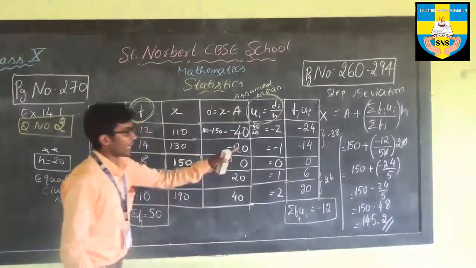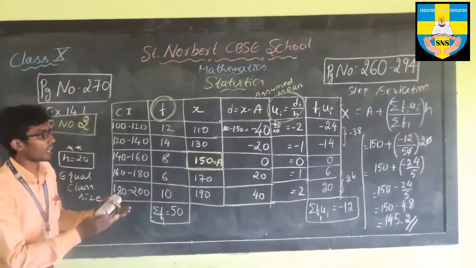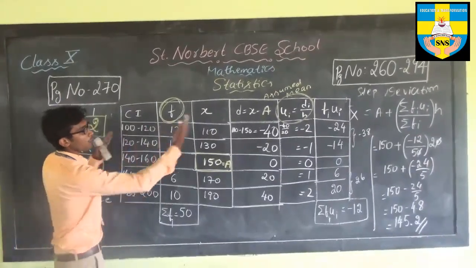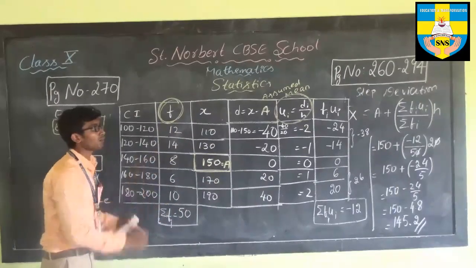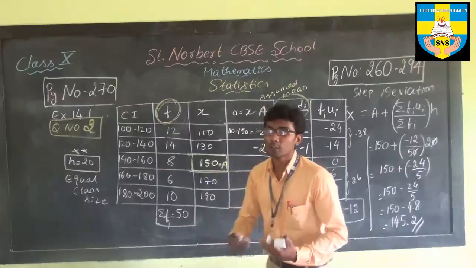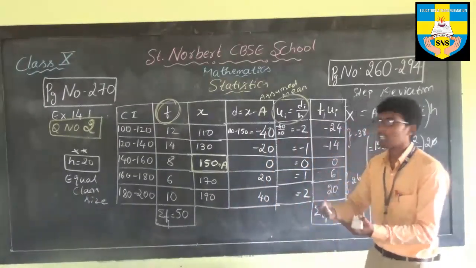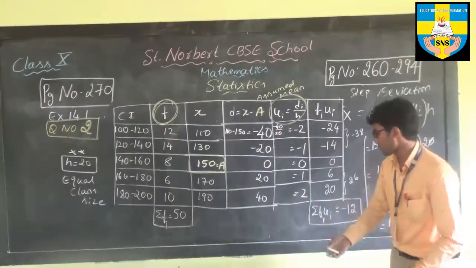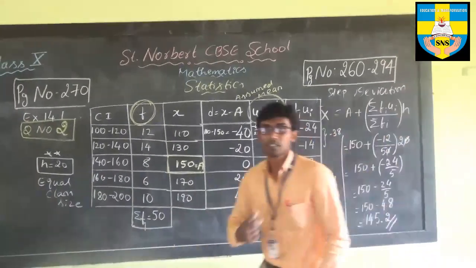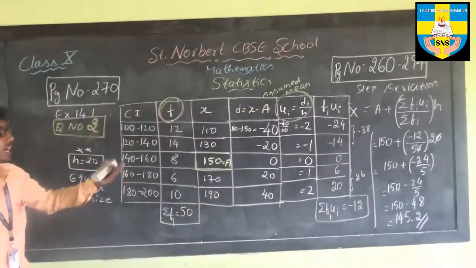Okay, so the calculation is again a simple mathematical calculation. You can do that calculation, but mainly you need to remember how to make this table. This is the problem from the step deviation method. The answer will be 145.2. Finally, you should write your answer in a sentence. The mean of daily wages will be 145.2 rupees. Pause the video and take down the answer.